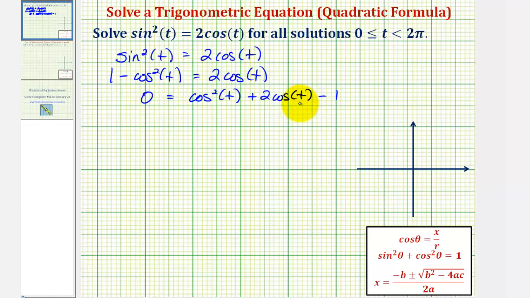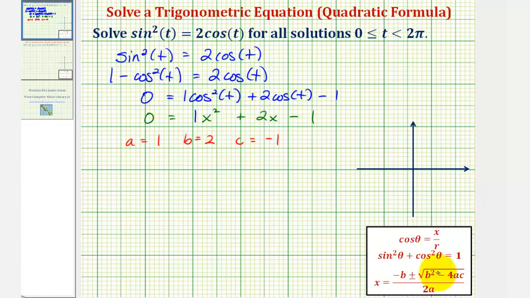Again, the given equation here resembles the quadratic equation where we would have 0 equals x squared plus 2x minus 1. Notice in both cases, a is equal to positive 1, b is equal to positive 2, and c is equal to negative 1.